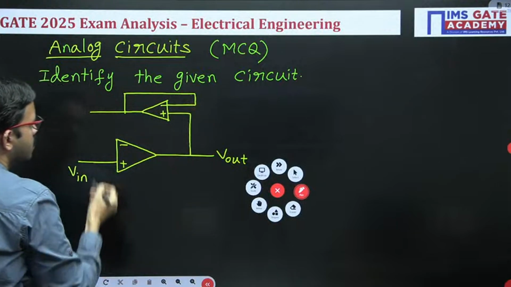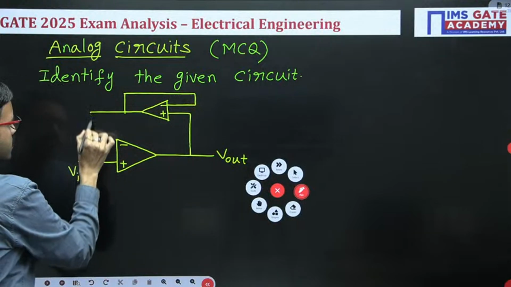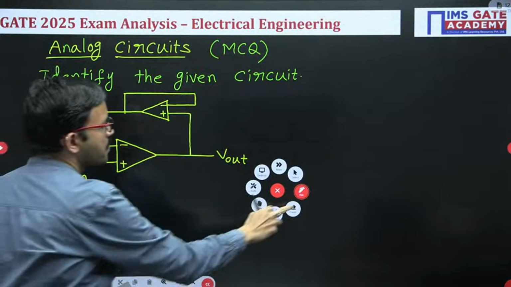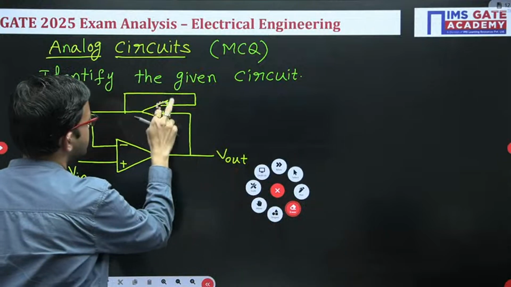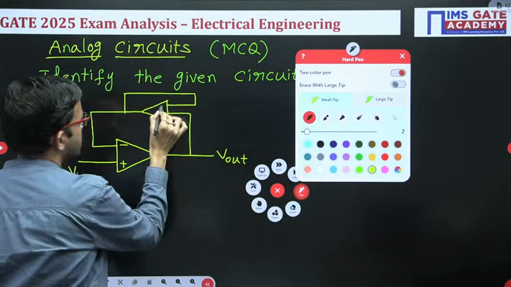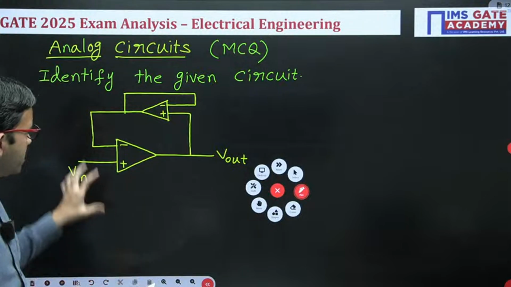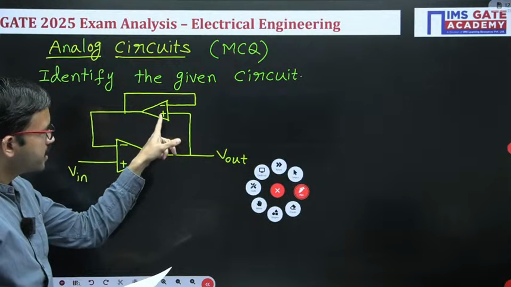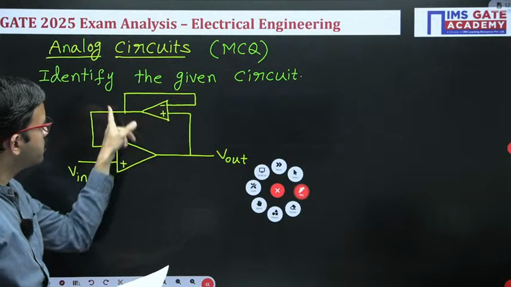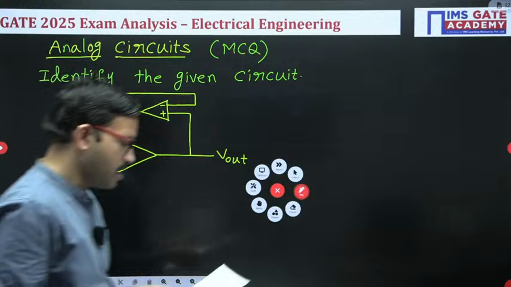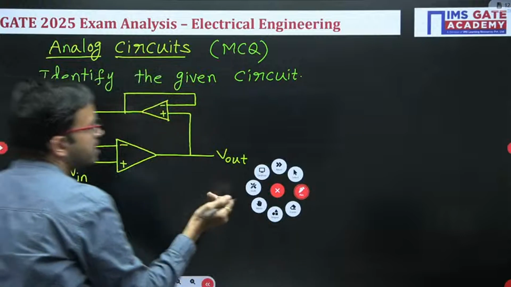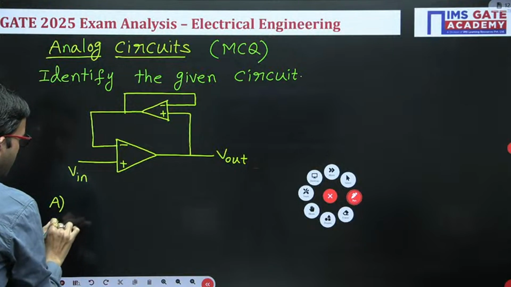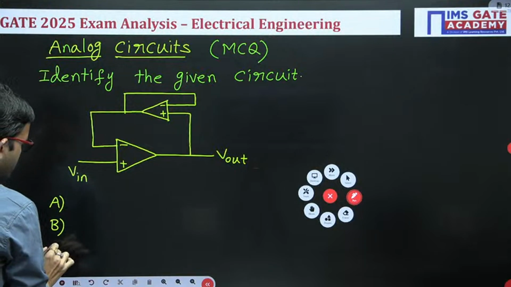And then they have made the connection like this. So this is the circuit diagram given. One op amp is there, its output is connected to the positive terminal here, and the negative terminal is connected here. Here you have to identify the given circuit. For this question you have 4 choices, and among the 4 you have to choose the correct option.